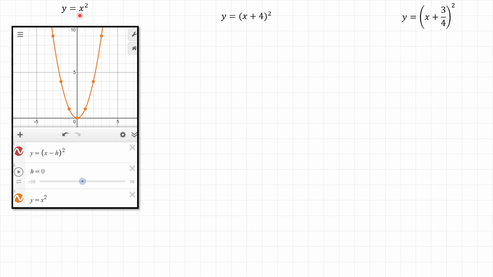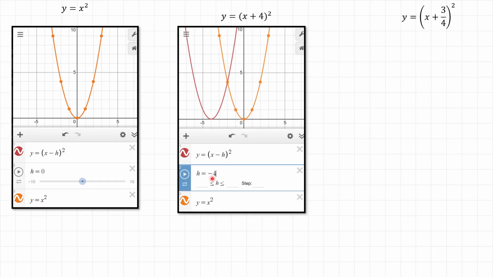Let's look at what happens when we decrease h. So in this case, I'm going to start making h negative. I'm going to change it to negative 4. So I'm going to make this x minus negative 4, which would actually simplify to x plus 4. So here you can see I've got x minus h, and h is negative 4.